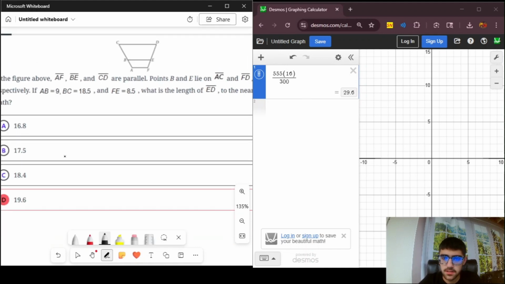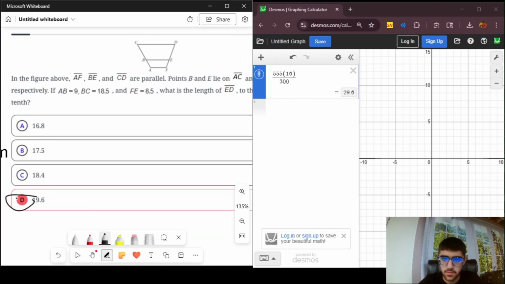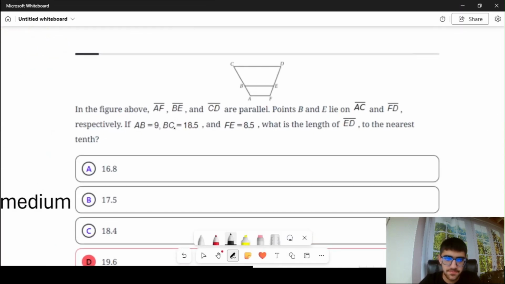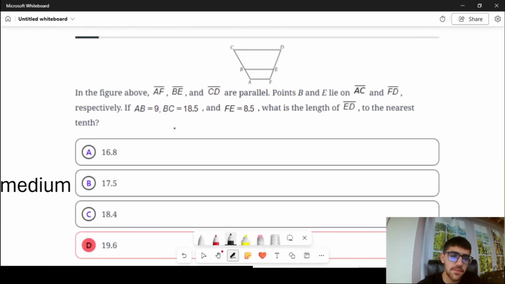So this question says, in the figure above, AF, BE, and CD are parallel. Okay, so they're all parallel. And points B and E lie on lines AC and FD. We can see that in the diagram.